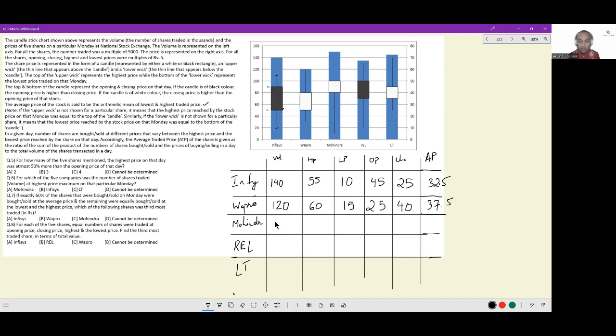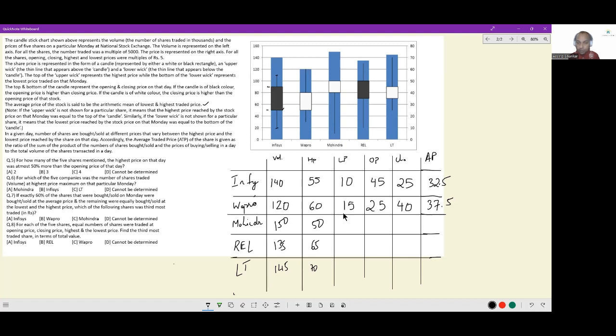Now for Mahindra, the traded volume is 150. I will go ahead and write down traded volume for all first, and 145. Now the highest prices for Mahindra is 50. For REL is 65. For LT is 70.